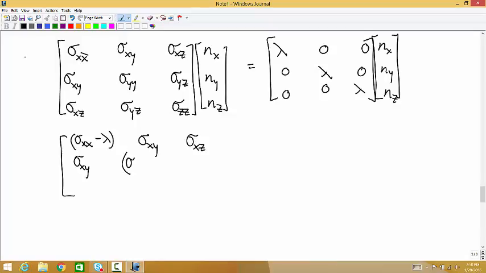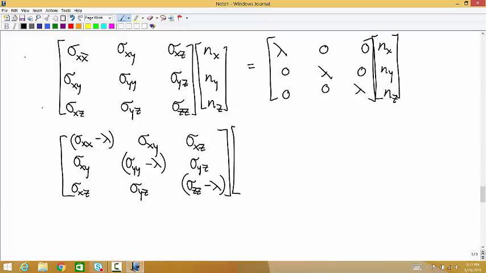Then on the diagonal, you have sigma yy minus lambda, yz, and then xz, yz, and then sigma zz minus lambda. All of that times that unit normal has to be equal to 0.